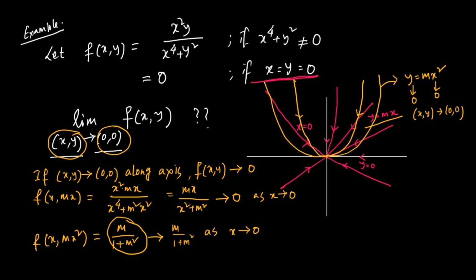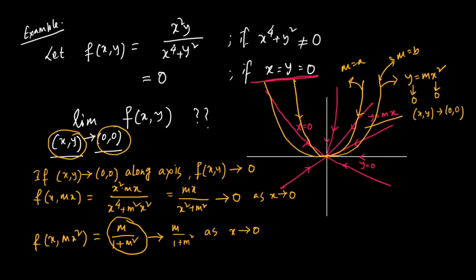Now the problem is, if you change values of m, suppose in this particular curve m has some value a, and in this particular curve suppose m has some value b, because the two are different curves, obtained for different values of m.